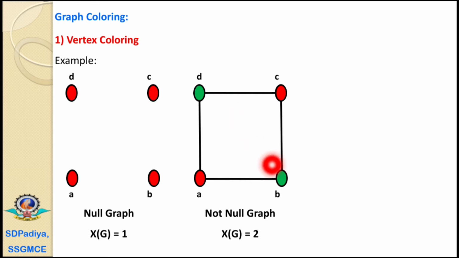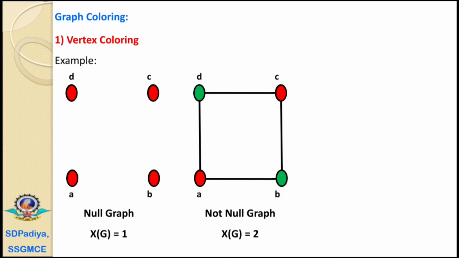They may have the same color. Now for the remaining node C, this node C is adjacent to D and it is adjacent to B. Therefore C may not be of green color, but it may be of red color. In this graph, any two adjacent nodes do not have the same color. Therefore, the chromatic number for this example is 2, that is red and green.